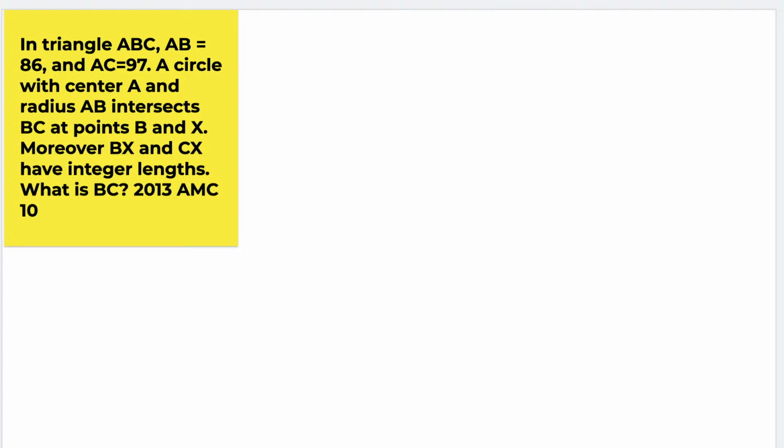A circle with center A and radius AB intersects BC at points B and X. Moreover, BX and CX have integer lengths. What is BC? I want you guys to try this problem. It's a very nice problem and it has a very elegant solution. It can be kind of hard and a lot of computation, but with power of a point, it's very easy.